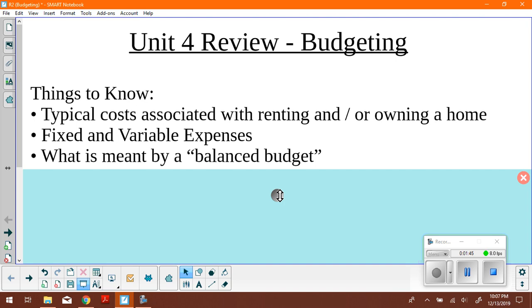You need to understand what's meant by a balanced budget. So if a question asks you to create a balanced budget, you need to make sure that the balanced part occurs. What that means is, if the budget is balanced, both the income and the expenses are the same. So your net or your balance is zero, which means you're accounting for where all of the money goes.